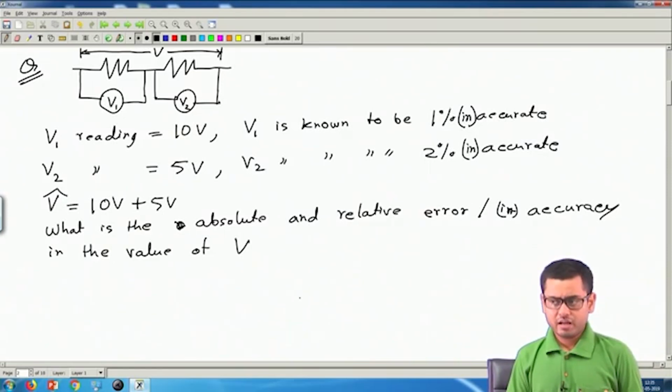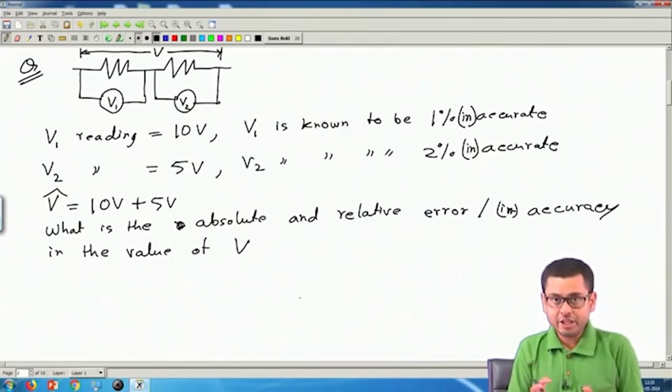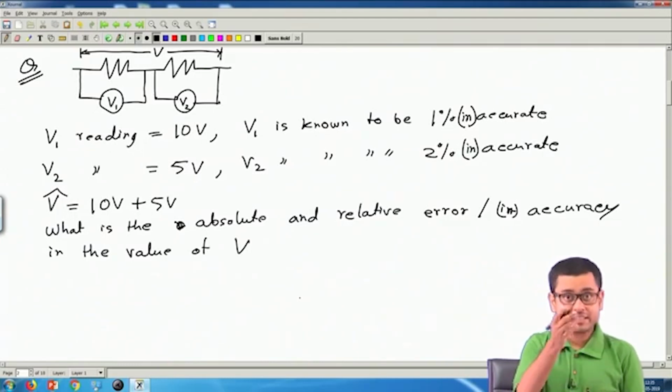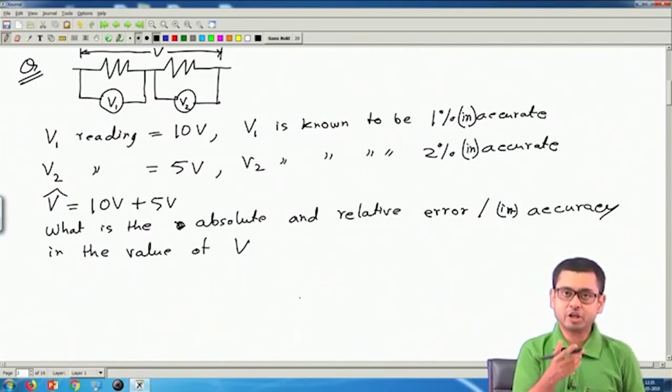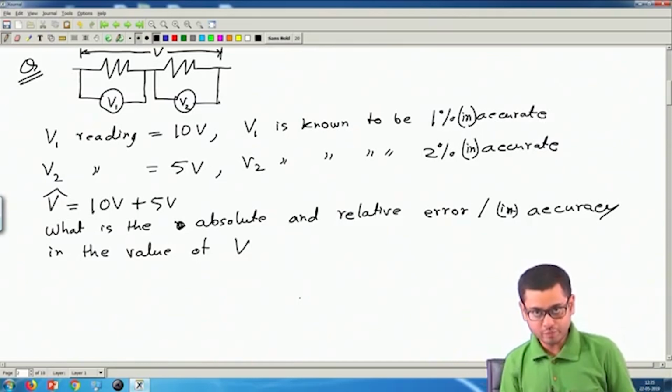And the best practice which I will suggest is, if you have any confusion, always ask. If somebody is selling you a meter saying this is 10% accurate, the best thing is to ask that seller, do you actually mean it is 10% inaccurate? Or what is the definition of your inaccuracy? Do you mean that the true value minus the meter reading is always going to be within 10% of the true value?